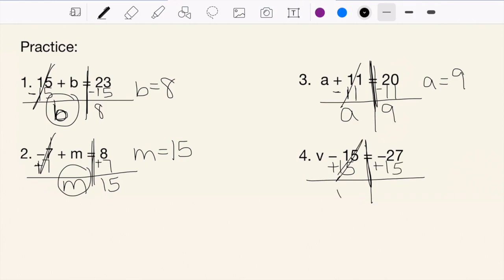This cancels out, and I'm left with v on this side. Then negative 27 plus 15 will give me negative 12. So v equals negative 12. All right, and that's the end of one-step equations.